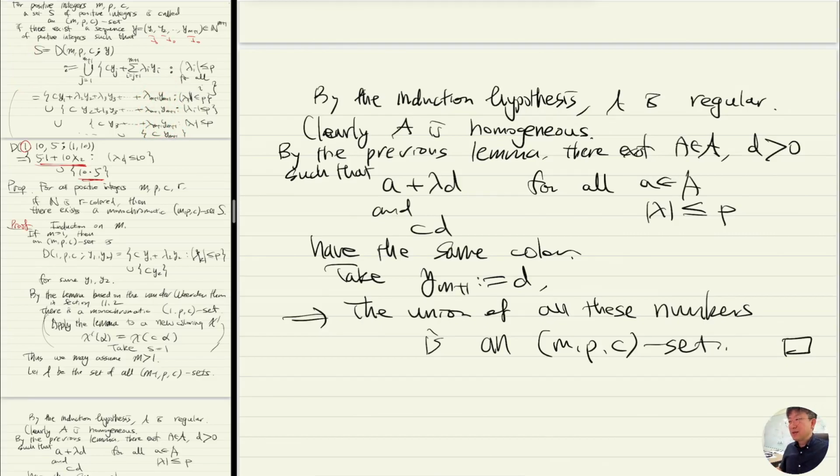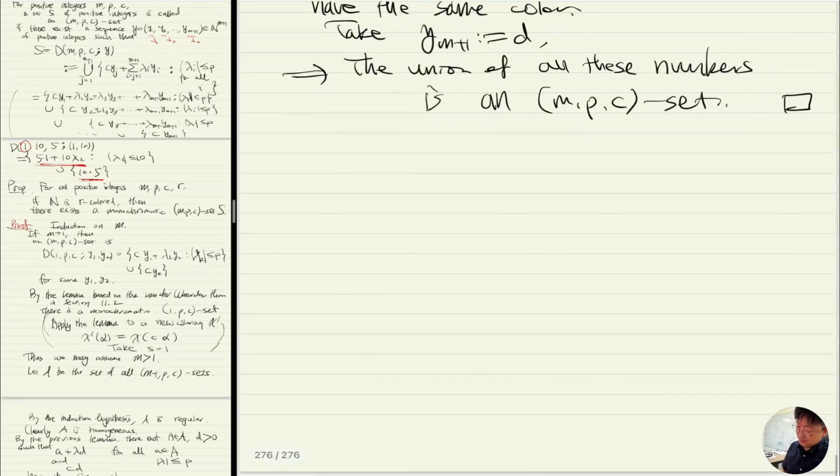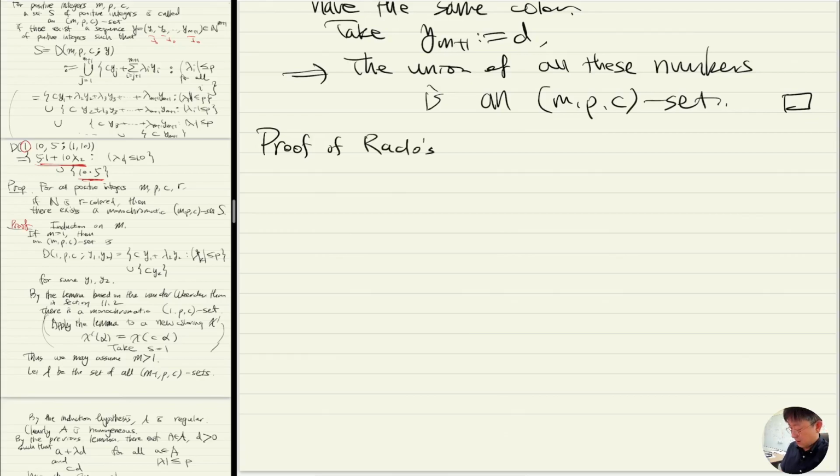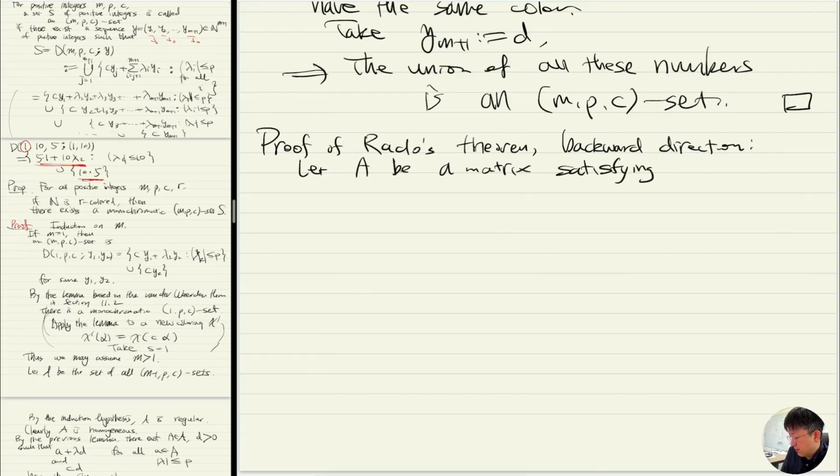All right. So now how are we going to prove Rado's theorem? Finally. The backward direction. So let A be a matrix satisfying the columns condition.